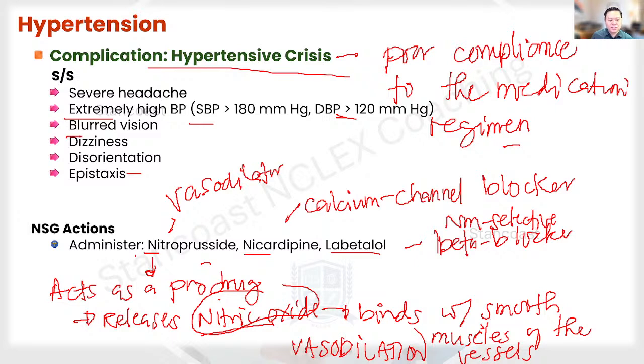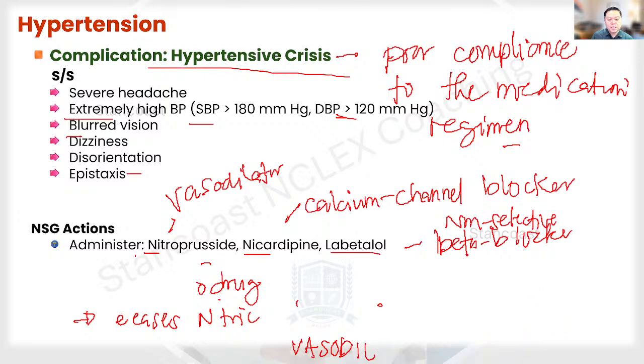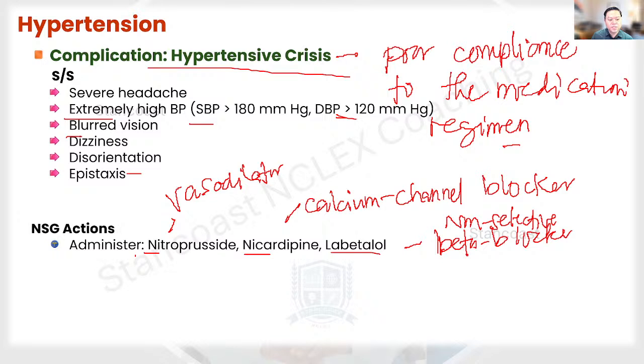Now let's move on to the next medication, the calcium channel blocker, nicardipine. All right, nicardipine can also be effective. Let me just change that to a pen. Now, nicardipine belongs to the drug class CCB, right?